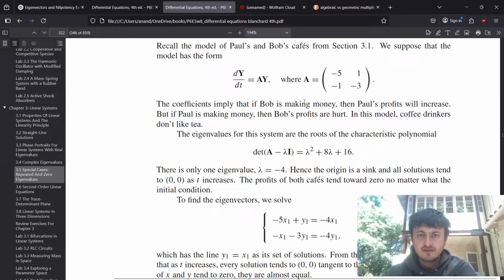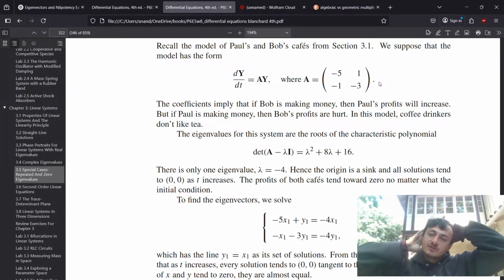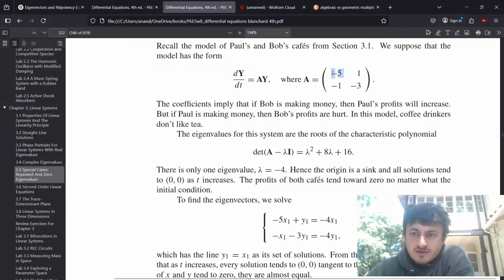The coefficients imply that if Bob is making money, so the state vector p of t and b of t, if b is positive, then Paul is going to increase. But if Paul is making money, then Bob's are hurt. In this model, coffee drinkers don't like tea.